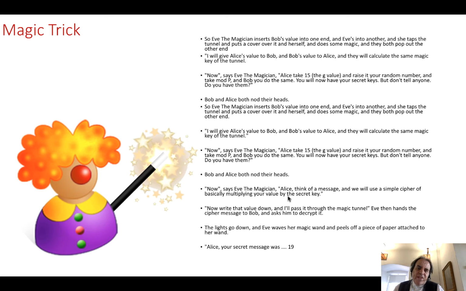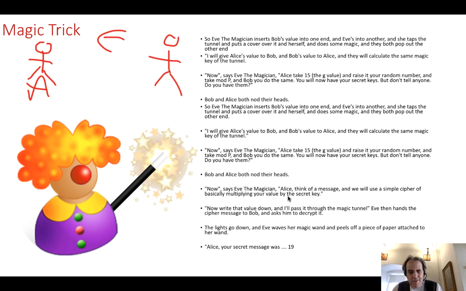So with the magic trick, we have Bob. Alice gives Eve her value, so this is Alice here, and there's Eve, and we have Bob. With this trick, Alice sends her value, Bob sends his value, Eve then sends them through a magic tunnel, and then a key is generated.